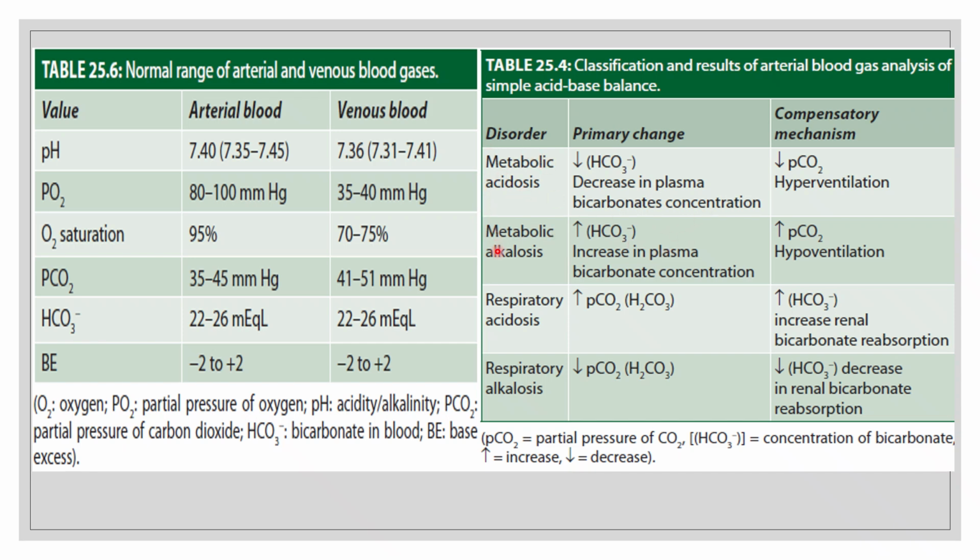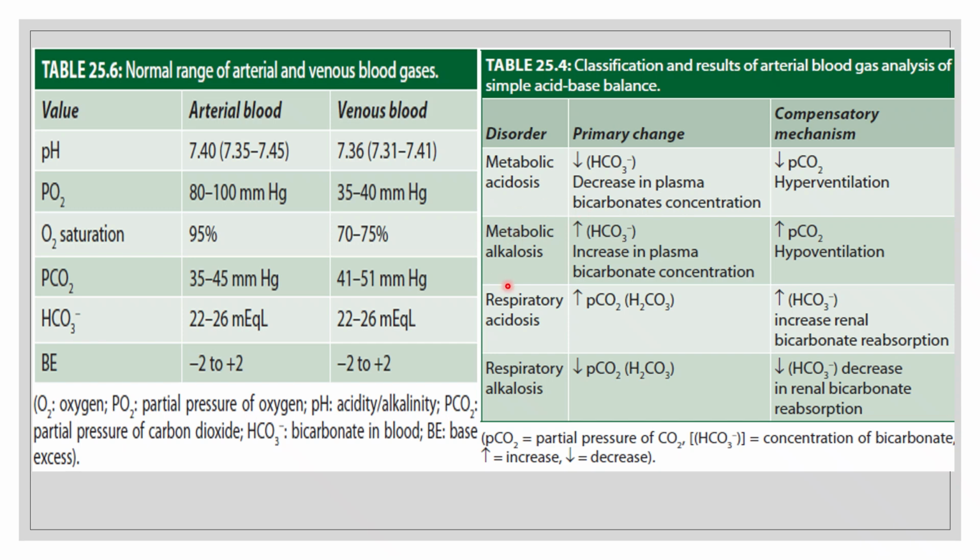We already had a comprehensive discussion on this. Metabolic conditions are always concerned with the deviation of bicarbonate. In metabolic acidosis, there is a decrease in the plasma bicarbonate concentration, and the compensatory mechanism is through hyperventilation in order to decrease the partial pressure of carbon dioxide.